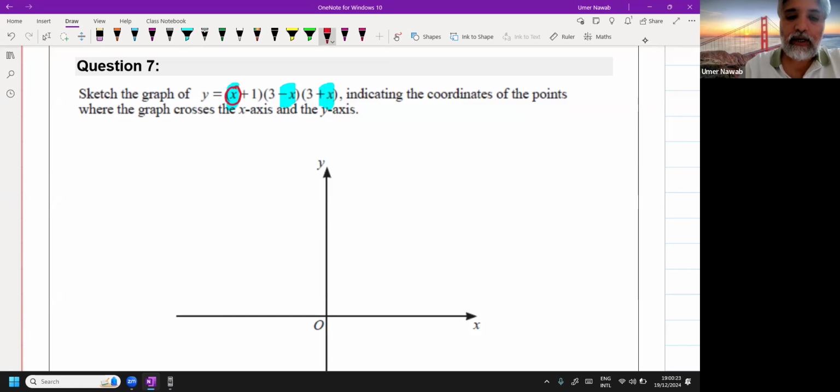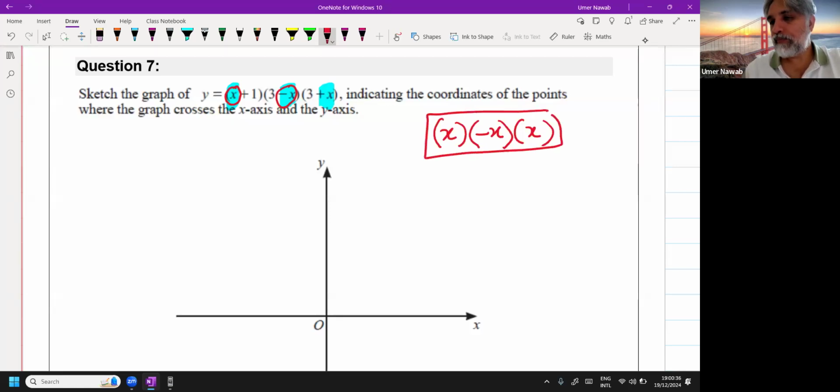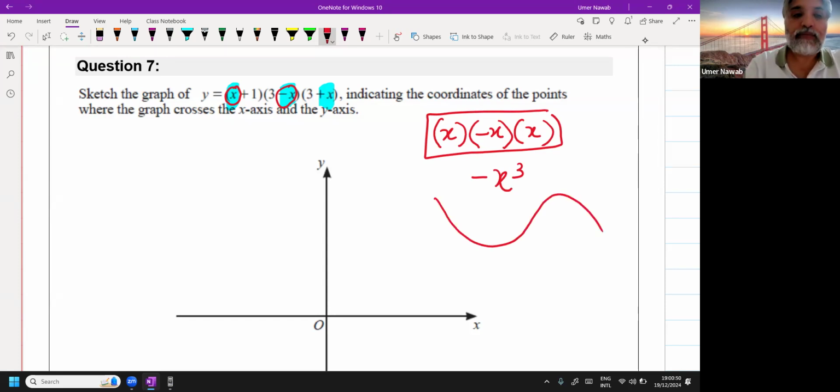You just need to look at this x, which is in this bracket, and in the second bracket you have a negative x, and in the third bracket you have just x. Could you please multiply them? Obviously, your answer will be minus x cubed. So Mr. Omar, I'm getting minus x cubed. And if the leading coefficient is negative, the sketch should be like this.